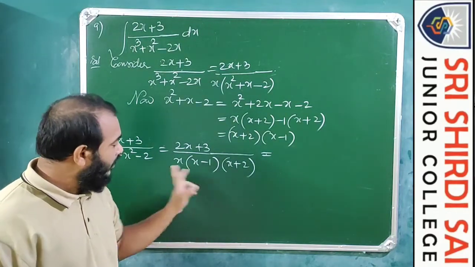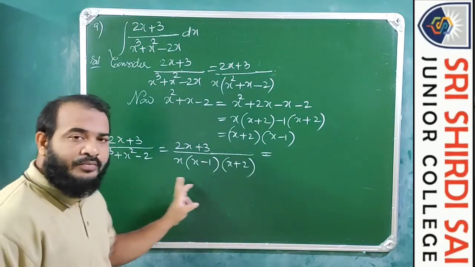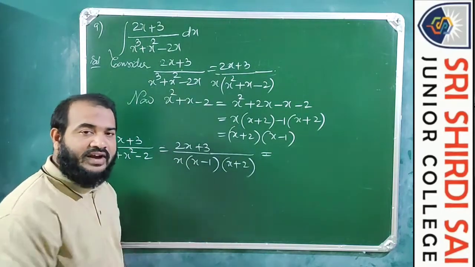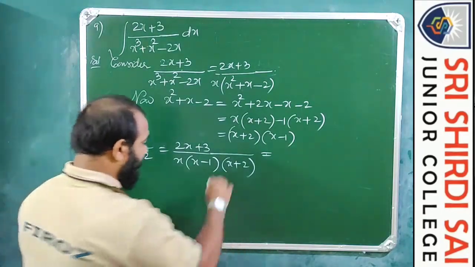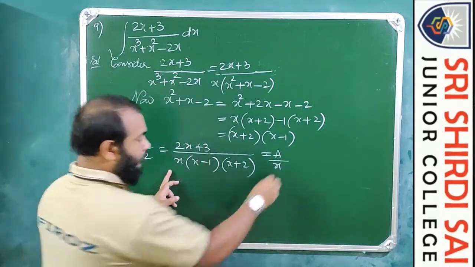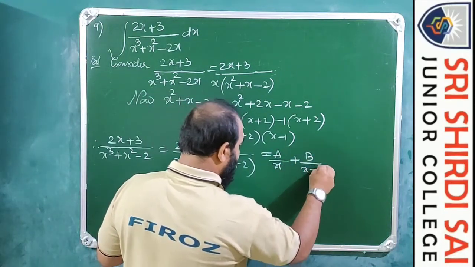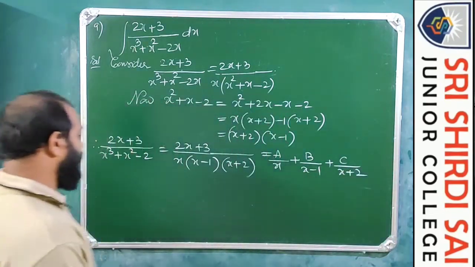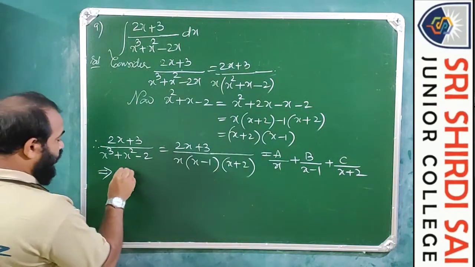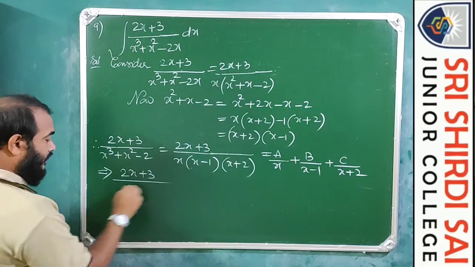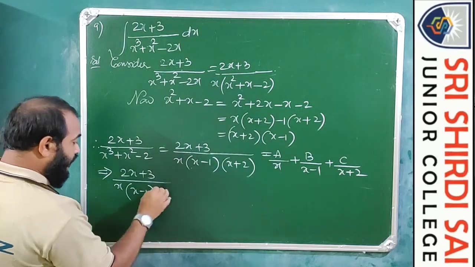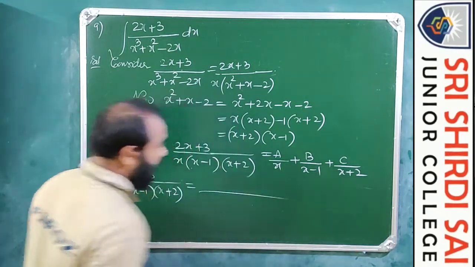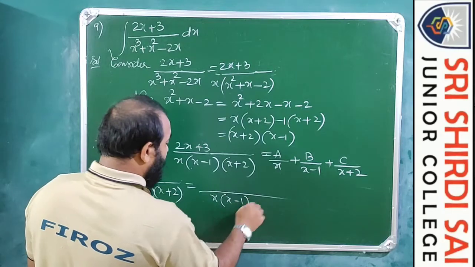So for the partial fraction, the denominator contains 3 non-repeated linear factors. As far as non-repeated linear factors are concerned, it falls in type 1. So for every non-repeated linear factor, there corresponds a constant. So this is a by x plus b by (x minus 1) plus c by (x plus 2). So this implies (2x plus 3) by x into (x minus 1) into (x plus 2) is equal to, on finding LCM, x into (x minus 1) into (x plus 2).